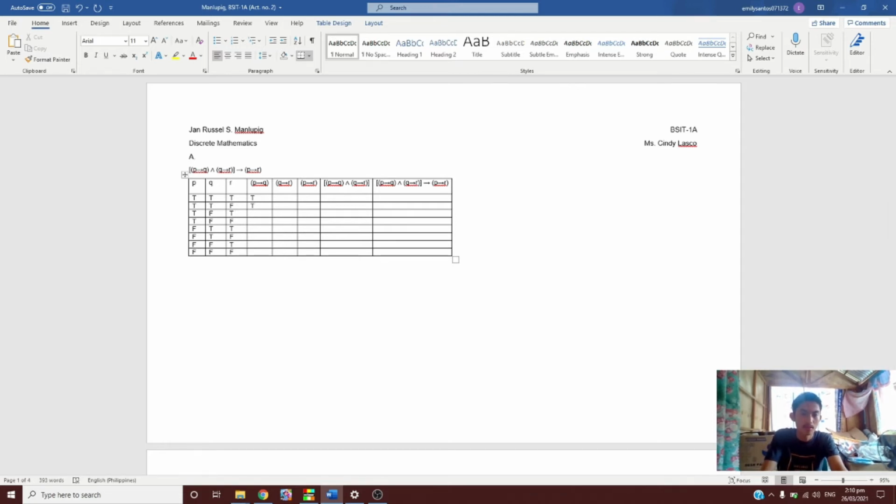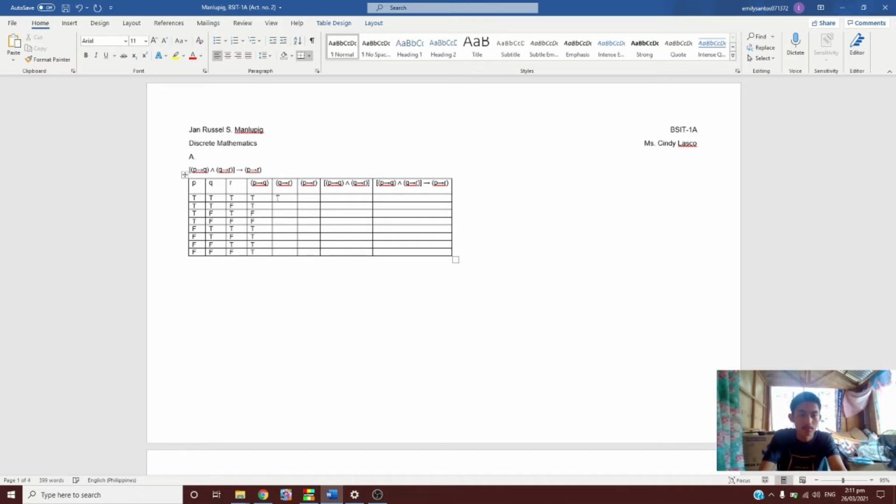I'm gonna imply this P to the Q state: F, F, T, T, F, F, T. Then T, F and F is the same since both have the same value. So T and T.